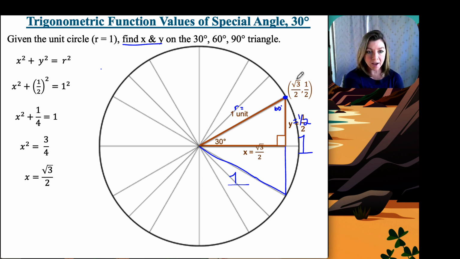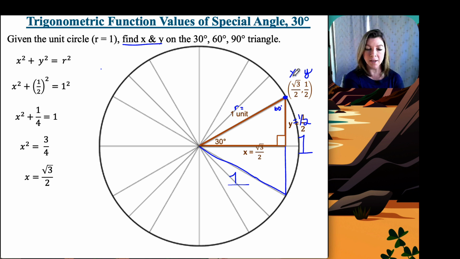We know that sine of theta is equivalent to the y coordinate. So this information just told us that sine of 30 degrees is 1/2. We know that cosine of theta is equal to the x coordinate. So we just figured out that cosine of 30 degrees is radical 3 over 2.